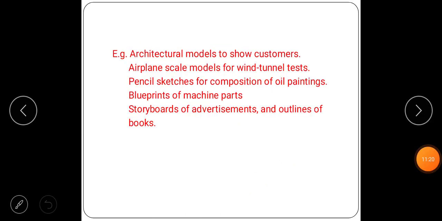Okay, some examples of models: an architectural model to show the customer. Means we are going to build the architectural model to show to the customer, and an airplane scale model for wind tunnel test, a pencil sketch for the composition of an oil painting, blueprints of machine parts.